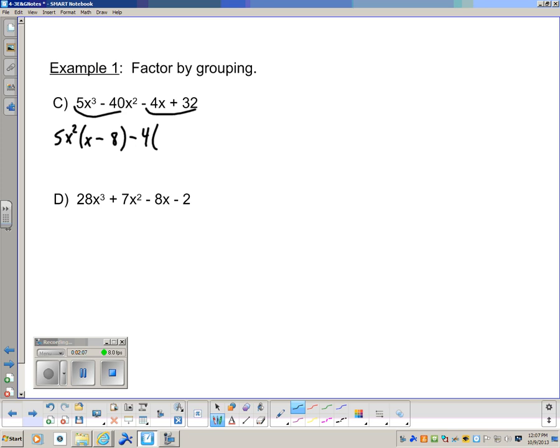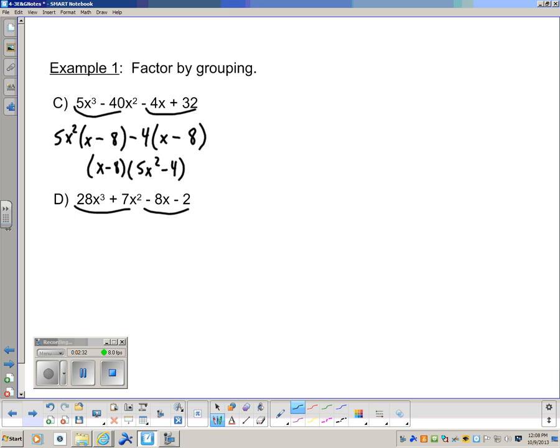Negative 4 times x will give me negative 4x, and negative 4 times negative 8 will give me a positive 32. Notice the parentheses are exactly the same in both cases. So I'm going to write down the x minus 8 that they share. What's left over in front? 5x squared minus 4.